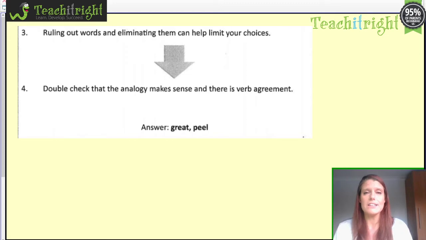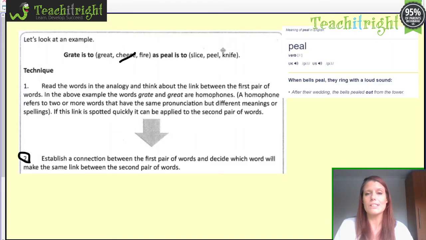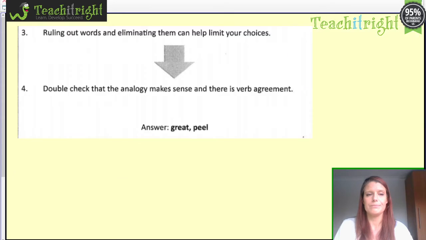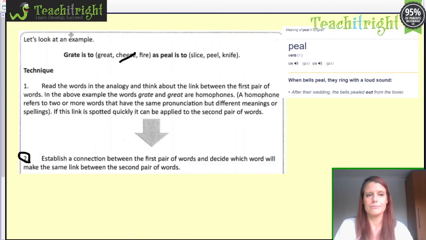So the sentence has to read properly and make sense. The answer is great and peel because they are homophones. So great is to grate as peel is to peel.